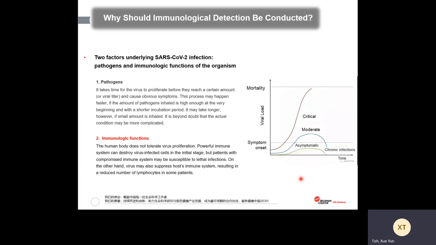Looking at the graph, infected patients with low levels of viral load can remain asymptomatic, and patients with higher viral load will have a large risk of mortality. On the other hand, a person's immunity also plays an important role in the development of an infection.